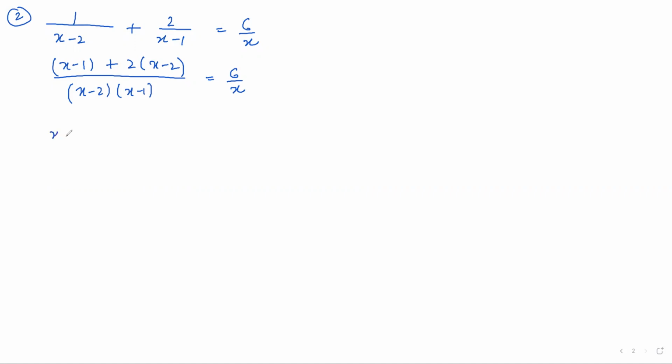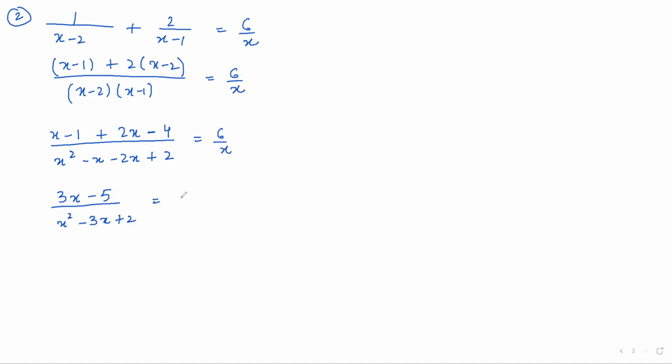So the next step becomes, you open the bracket. So x minus 1 plus 2x, right? And plus minus minus 4. And then divided by, you also multiply. So x square minus of x minus of 2x minus minus plus 2 into 1 is 2, it's equal to 6 by x. So you get x plus 2x, that means 3x and minus of 5 divided by x square minus of 3x plus 2 is equal to 6 by x.